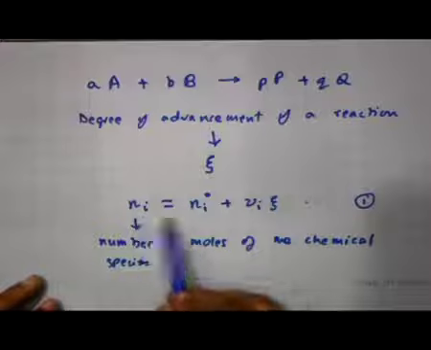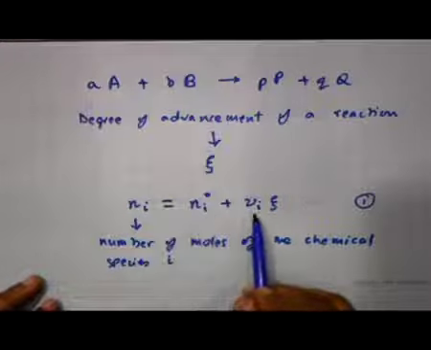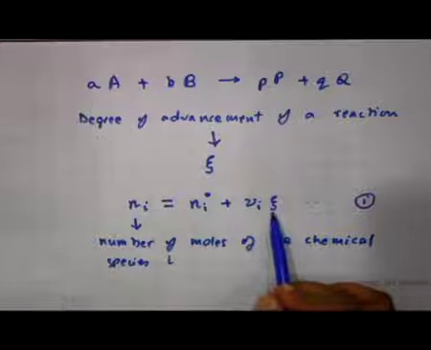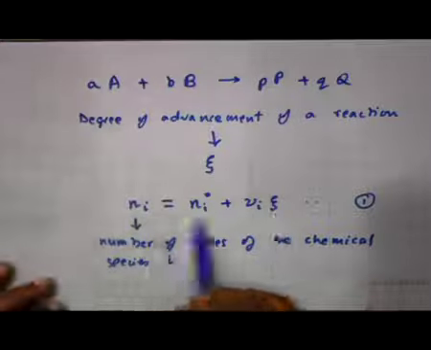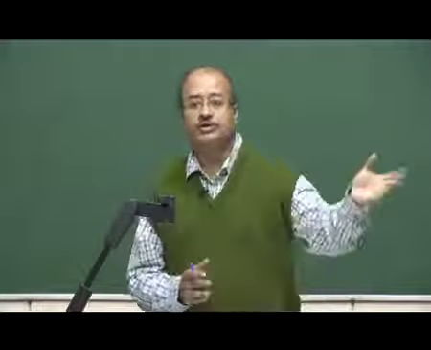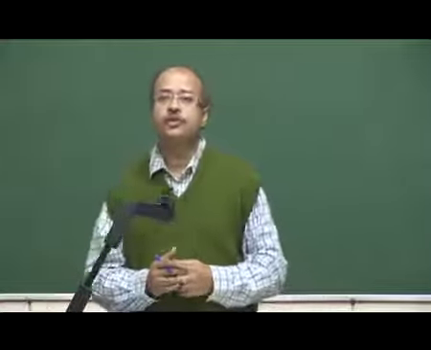You go back to this equation. n I is equal to n I 0 plus nu I times xi. If xi is equal to 0, then n I is equal to n I 0. So, what does this mean? This is the initial number of moles. Here I am referring to the number of moles; I have not yet brought in the volume, which will convert it to concentration units.